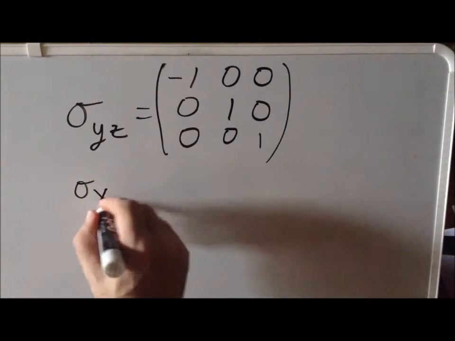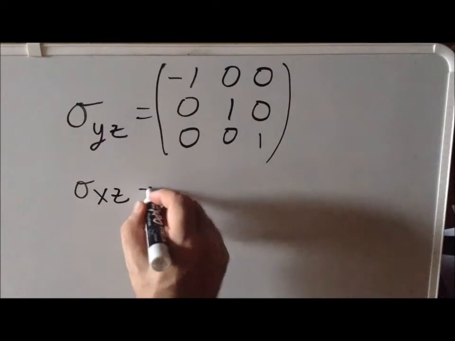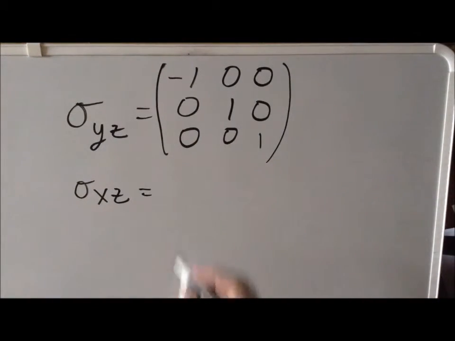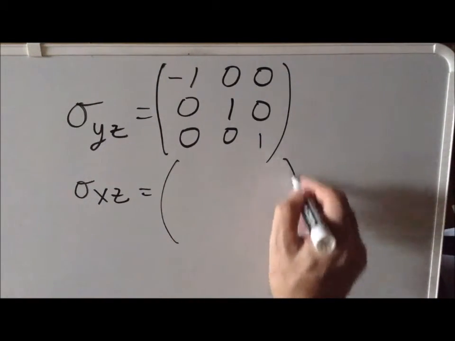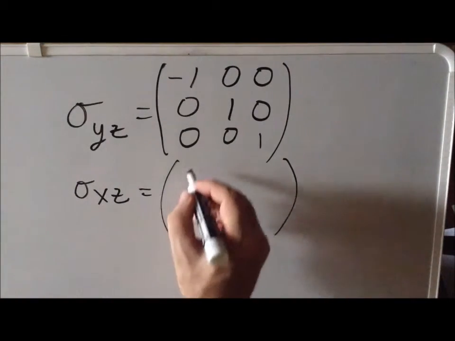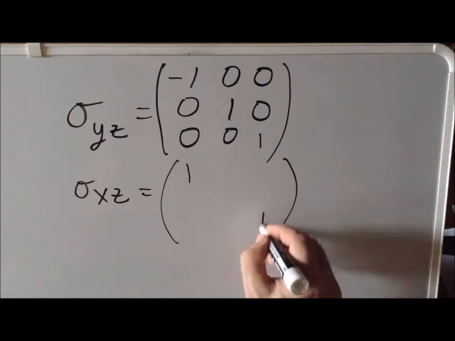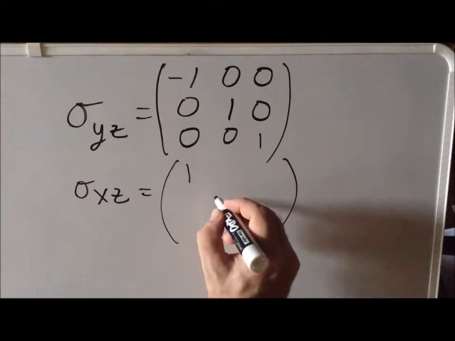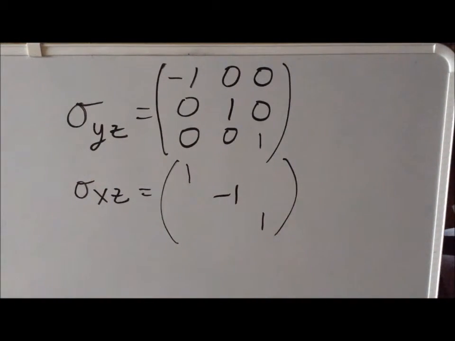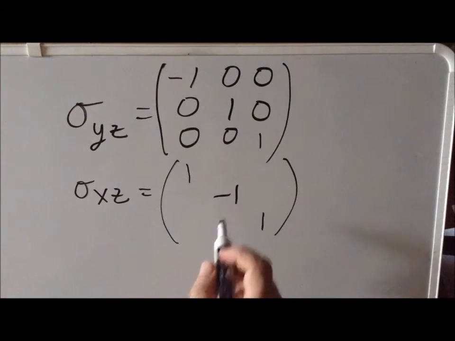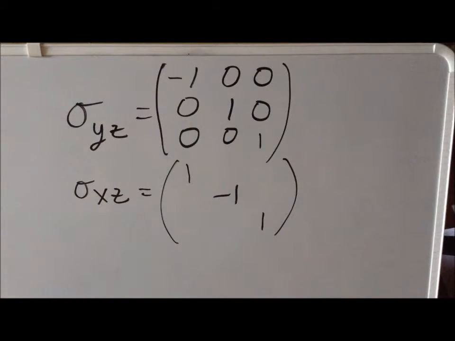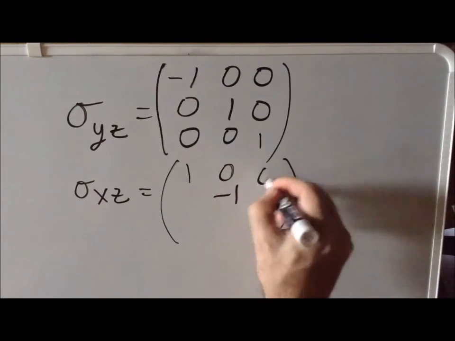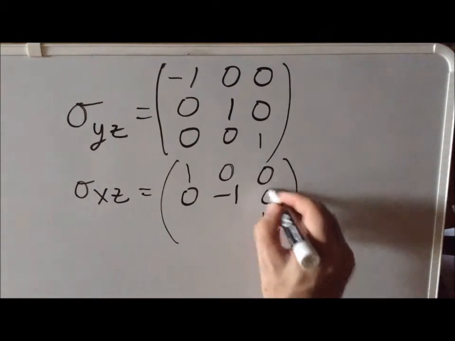So in this case, we notice that x and z, the first and third positions, will be positive 1. The y, which isn't mentioned, that's the coordinate that is transformed, and since it's a mirror, it changes positive y to negative y, and then all the other positions we fill in with zeros. So that gives us the 3-dimensional version for sigma xz.